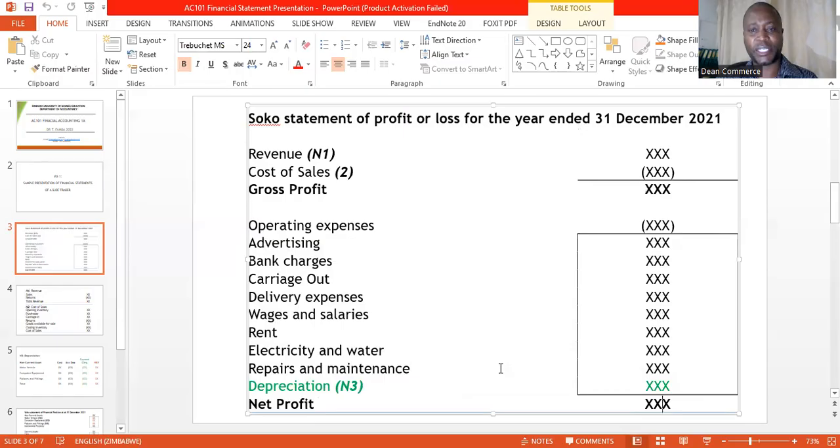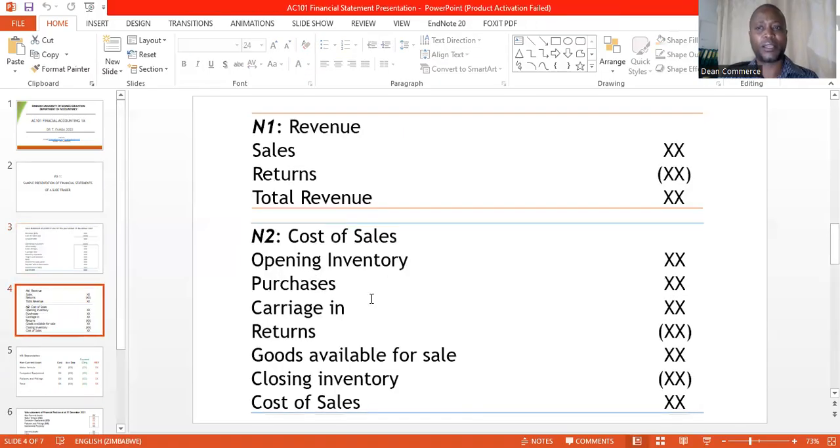So this is just a hypothetical sole trader that I have presented here, but further to this, I would like to explain how we generate the figures. The figure revenue is generated from sales, which is this figure here.